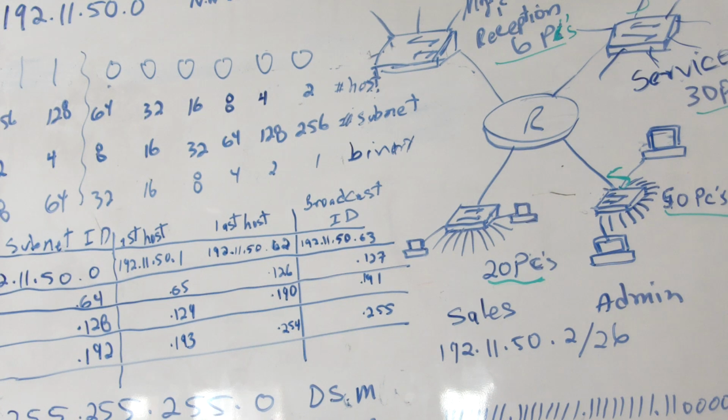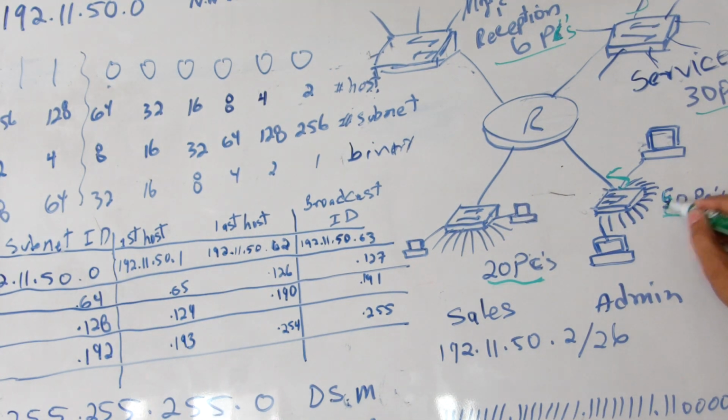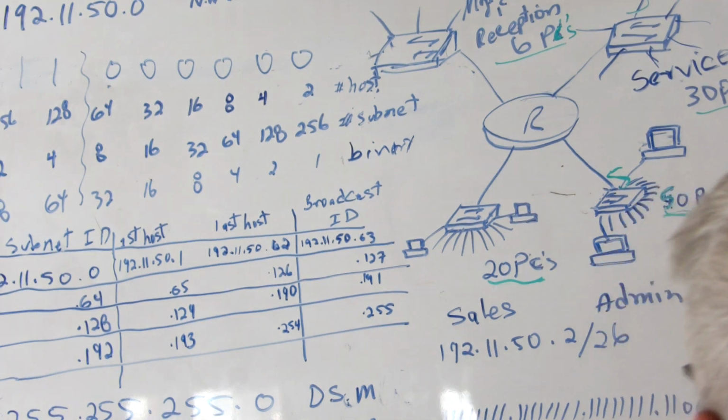And then what happens? He says that the number of people in administration is more than any other department, we have 50 personnel. So you have to have 50 PCs there that will connect to each other.